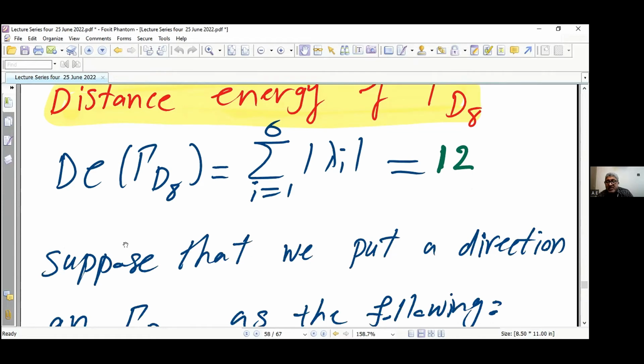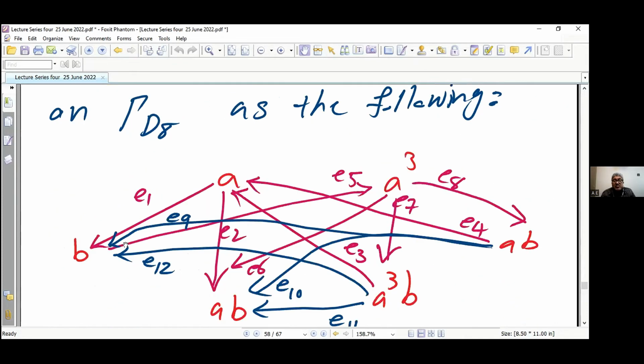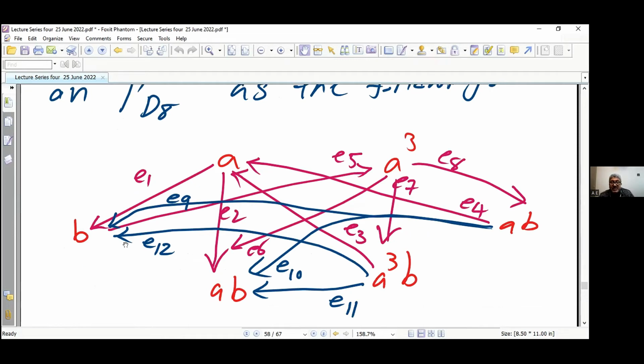Now, if we put a direction on the non-commuting graph of the dihedral group of order 8, for example, if we put this direction, here we have 6 vertices and 12 edges. I showed the direction of each edge.